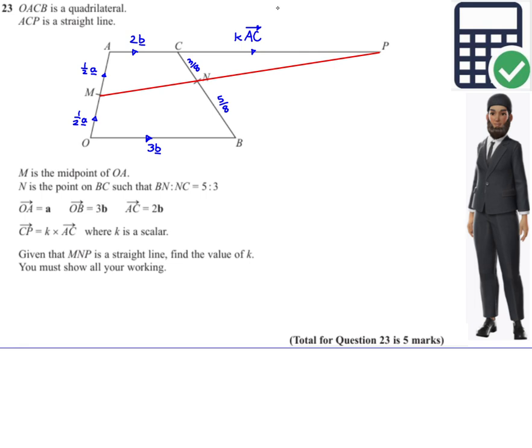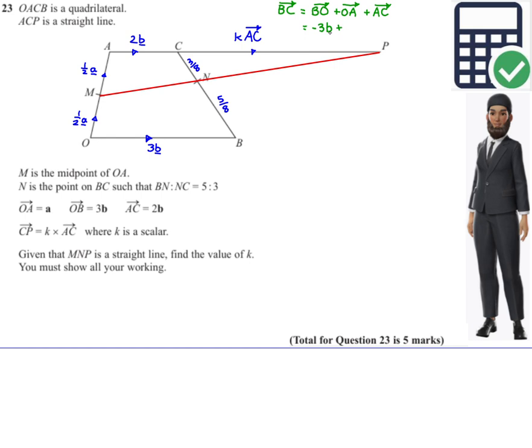Let's work out what BC is. So let's fill it in. We have BC over here. BC is equal to, we'll go BO, and then we'll go from there, O to A, and then we'll go plus A to C. Right, BO, we're going against that arrow, so it's minus 3B.